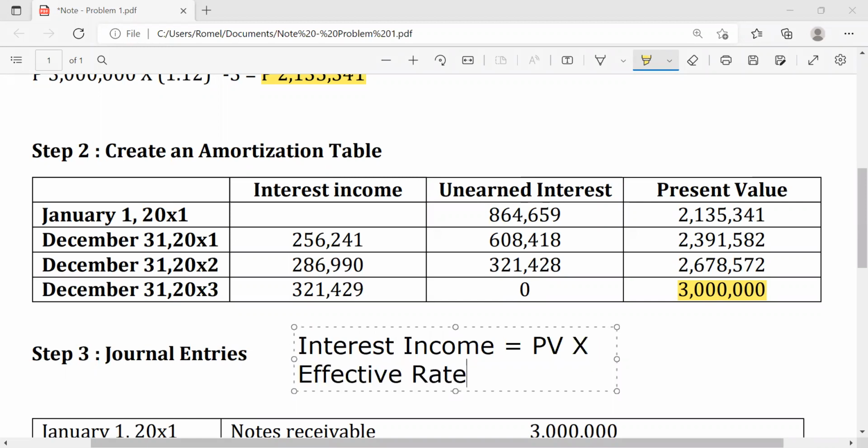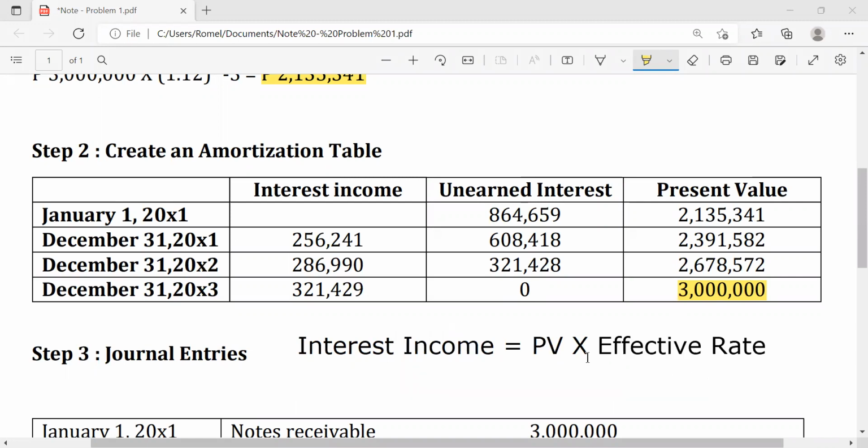So this is how we compute for the interest income. Present value times effective rate. So for example, 2,135,341 times 12%, the interest income is 256,241. So this is the interest income for the year 20X1.